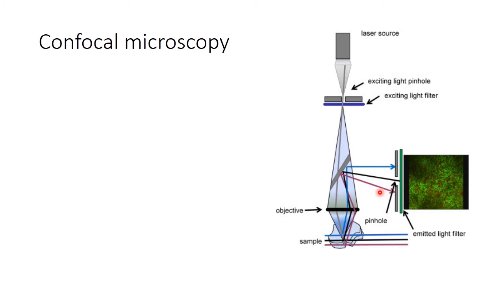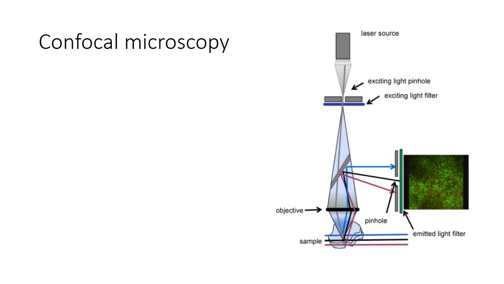In this manner, we can look at only one particular plane of the specimen and produce an image of that object which is much sharper, better and well focused as compared to any other type of microscopic technique.